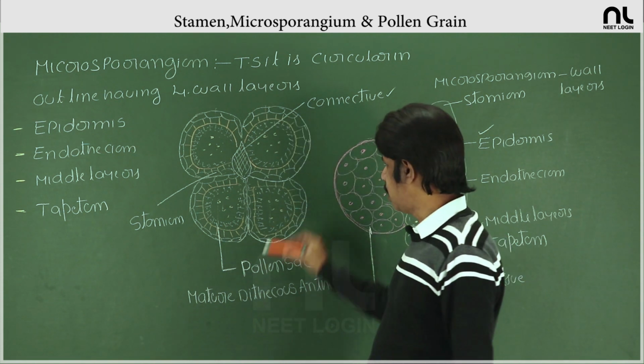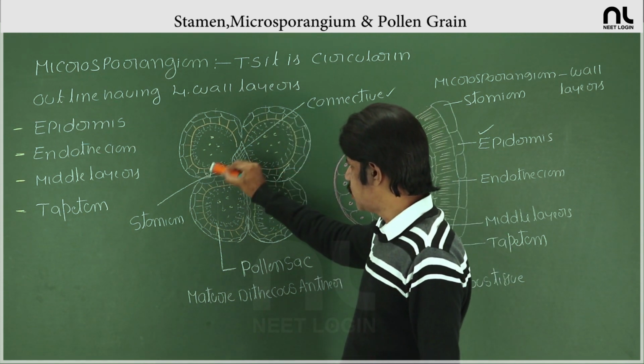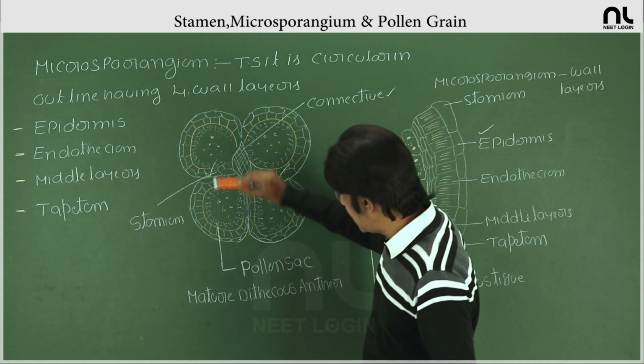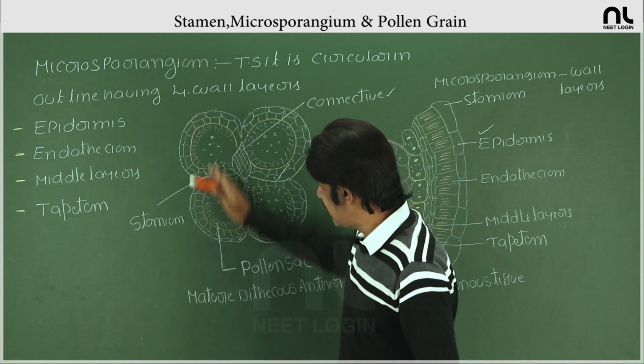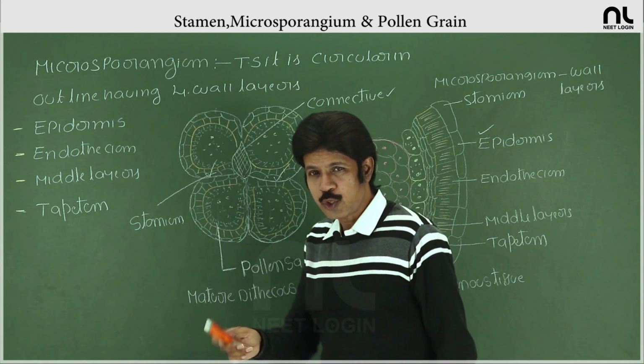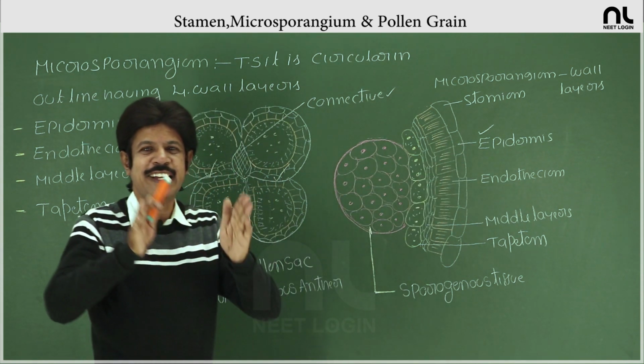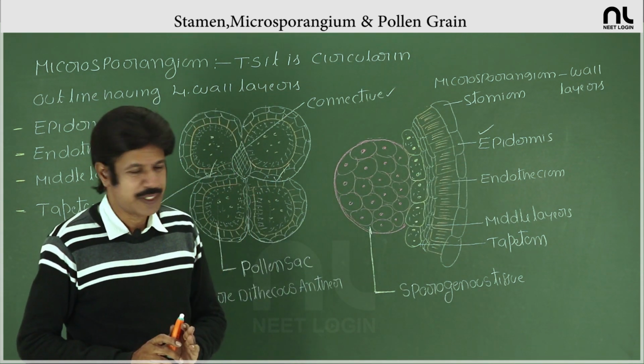So in an ideal anther, how many stomia are expected? 1, 2. The 2 stomia are present. So the stomium is the part of the epidermis at which the anther dehisces.